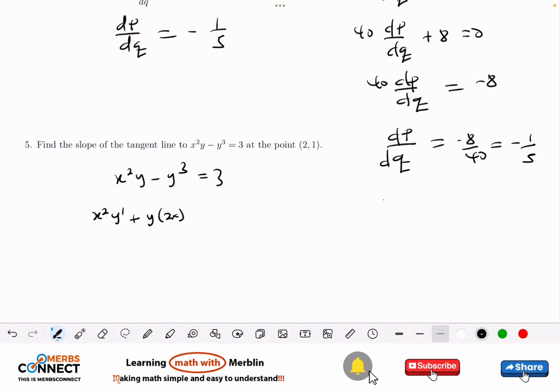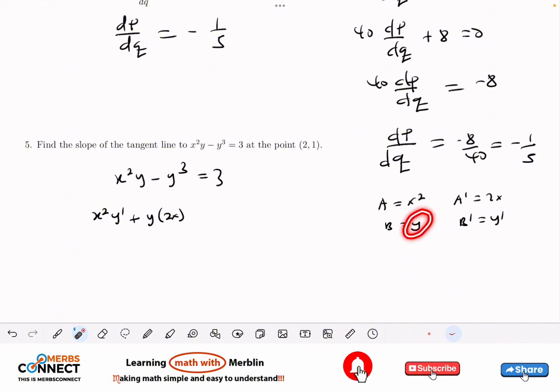In other words, if we want to use the product formula, a will be x squared, b will be y, a prime will be 2x, b prime will be equal to y prime. So if I'm doing cross multiplication, this one multiplied by this is x squared y prime, which is here, plus this one multiplied by this, which is y times 2x, which is also here.